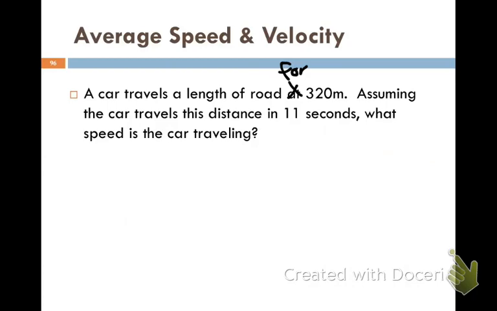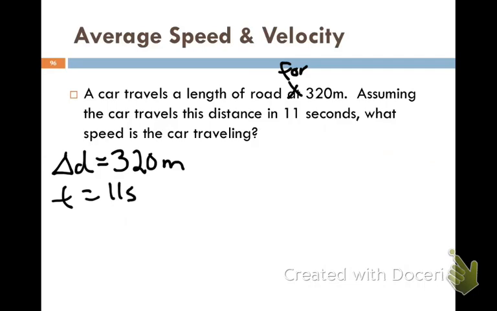All right, so first we're going to look at our givens. We have our displacement, which is equal to 320 meters. We have our time, which is equal to 11 seconds. And our unknown in this case is that speed, so that velocity for our equation. And so the equation we're going to use is the one from before, where the average velocity is equal to the change in distance over time. So we're just going to plug in our variables since we only have one variable left.